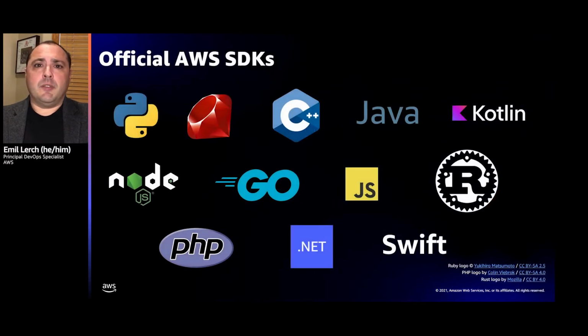In addition to the toolkits, the application that Kate's writing is actually going to be using AWS directly. The application that she's writing is using DynamoDB, which is another AWS service focused on key value storage of data. Now, Kate could actually just code against the HTTP APIs that AWS provides.